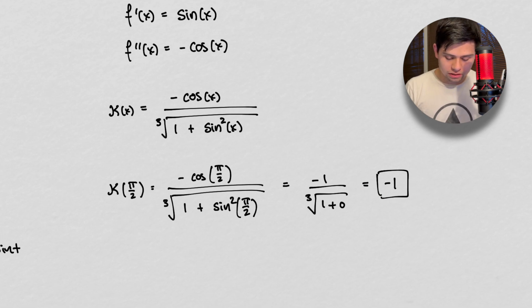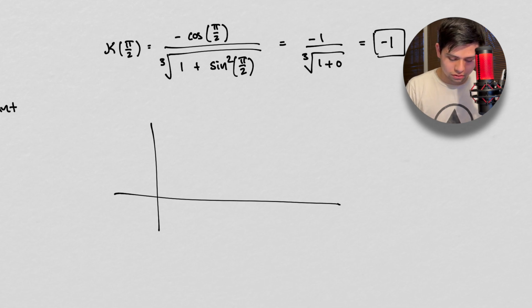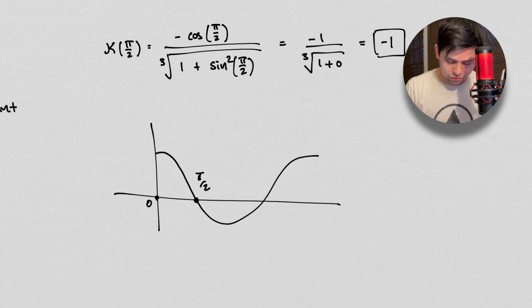Okay, this is interesting, right? Because if we think about the cosine function, it looks something like this, and we're looking at pi over 2, right? So pi over 2 is right here, because we have 0, pi over 2, and then pi, and then 3 pi over 2, and then 2 pi.